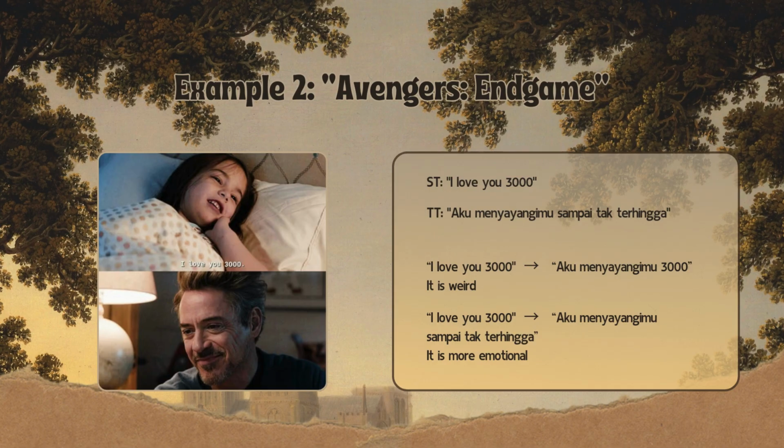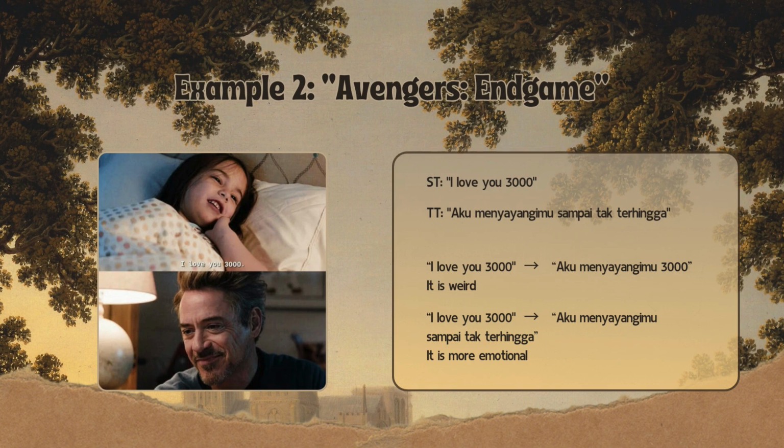So, I took one of the lines that I thought was from a song, but it turns out to be a dialogue between Tony Stark and his daughter in Avengers Endgame. So the source text is "I love you 3000" and the target text is "aku menyayangimu sampai tak terhingga." If you translate "I love you 3000" to "aku menyayangimu 3000," it sounds weird.